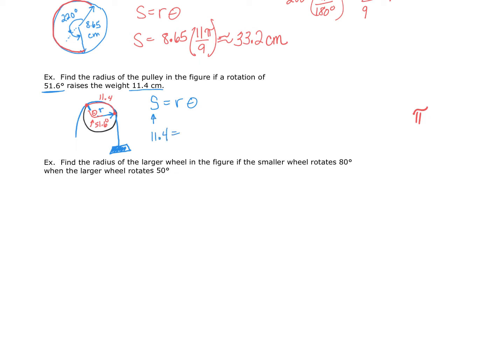We're looking for the radius, and we have theta, but it's in degrees and we need it in radians. So I'm going to multiply by pi over 180 and put that in my calculator, and I get approximately 0.9006. If you want to be more exact, leave all of those decimal places in your calculator.